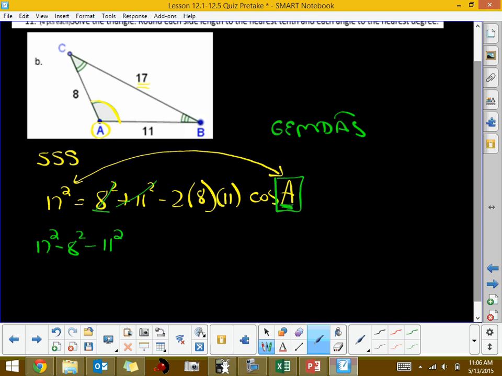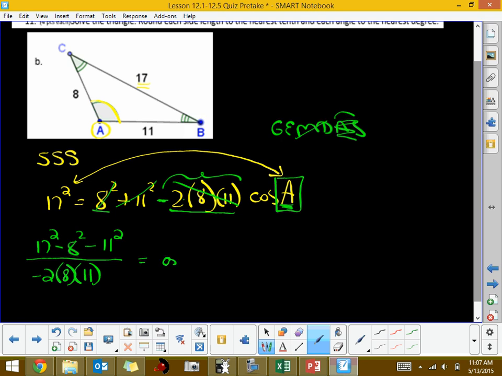Now we got rid of all the addition and subtraction. This is really a subtraction problem, but it's also a negative sign. It's a negative 2 times 8 times 11, so this is all multiplication. Now we're going to get rid of multiplication with division. So we divide by negative 2 times 8 times 11. Now we've gotten rid of all of these. The only thing we have left to get rid of is the cosine.